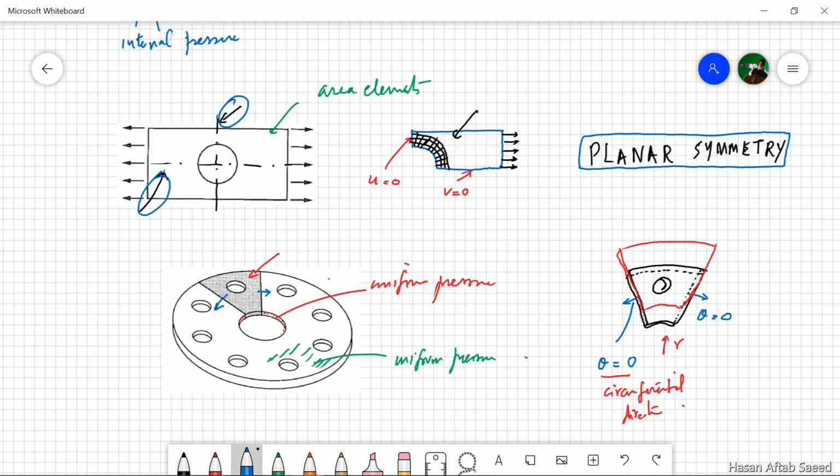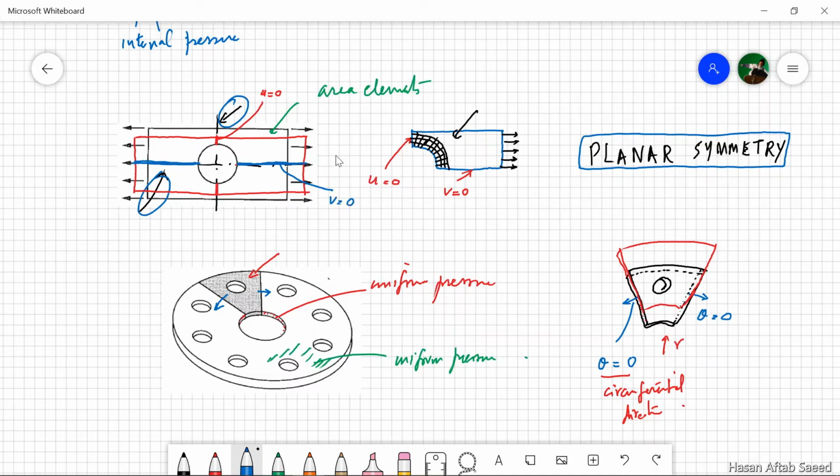We can show similar deformation, exaggerated, in this case also. The plate will extend in length, it will contract in width, but the point being, the points on this plane will move in the y direction, but they won't move in the x direction. Similarly, on this plane, points will move in the u direction, no problem, but there'll be no motion in the v direction.